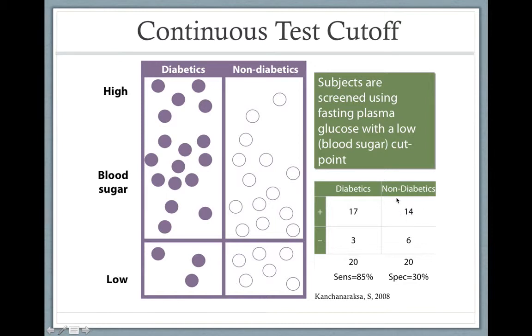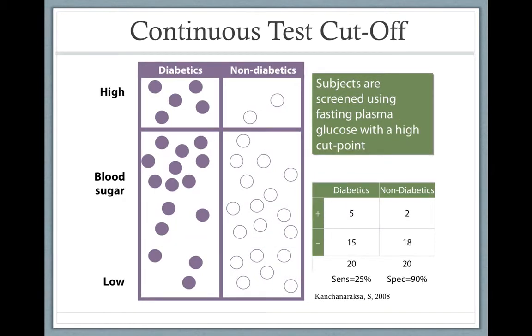So we have a lot of false positives. And 14 over 30 is a very low specificity. So in this low cutoff, we're good at identifying the cases of diabetes, but we're not good at identifying people that don't have the disease.